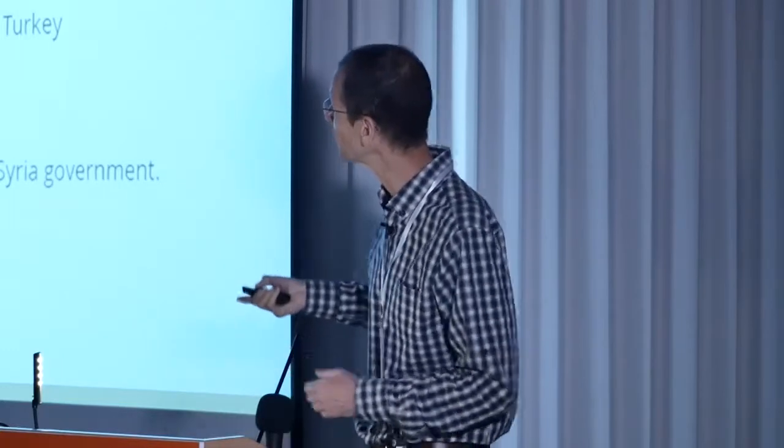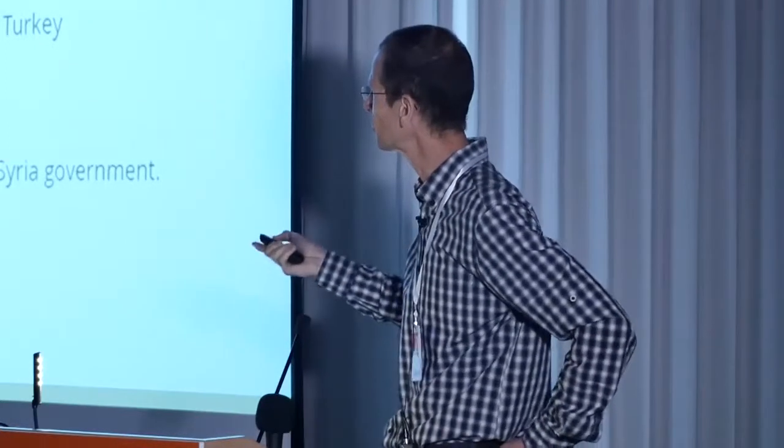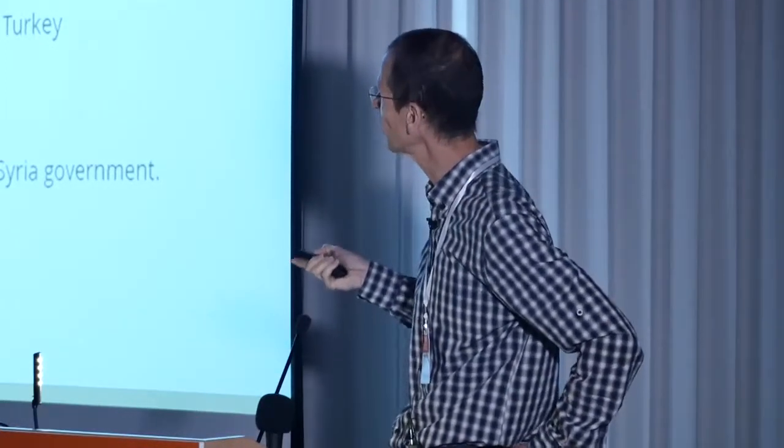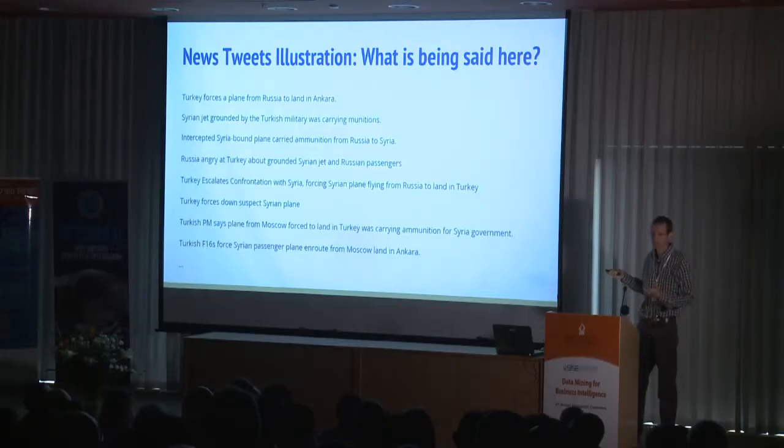So here's an example. There has been some event, and this is a cluster, so I'll assume at this point that we can somehow cluster a set of tweets that regard a certain event, using hashtags, the text, etc. This is an easier task. And we get a cluster like this. So we can ask what is actually being said here. To understand, we should start reading tweet by tweet.